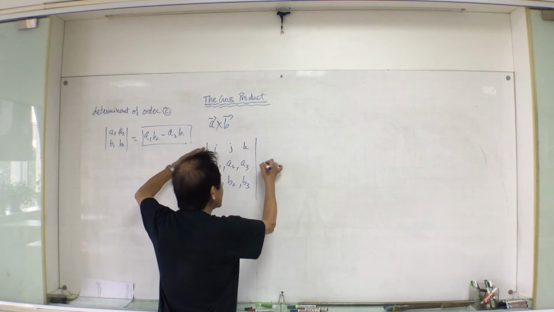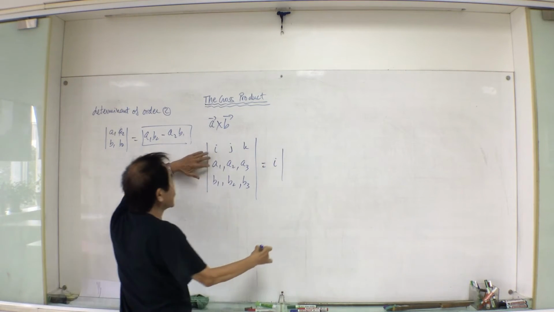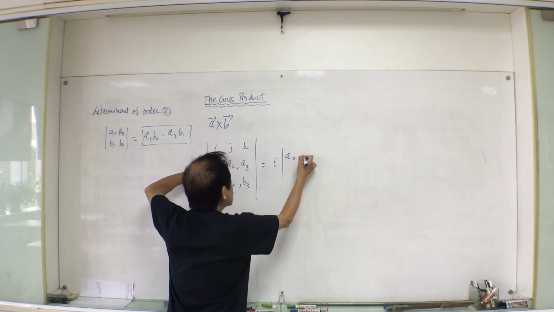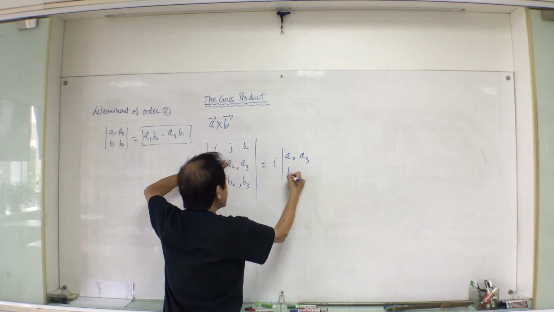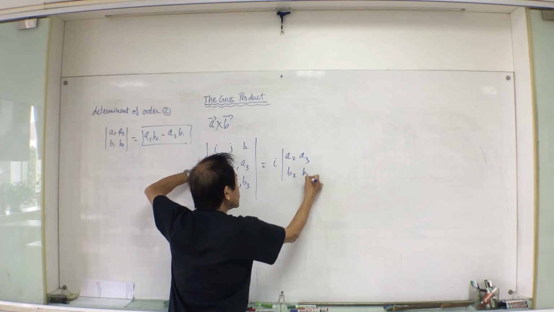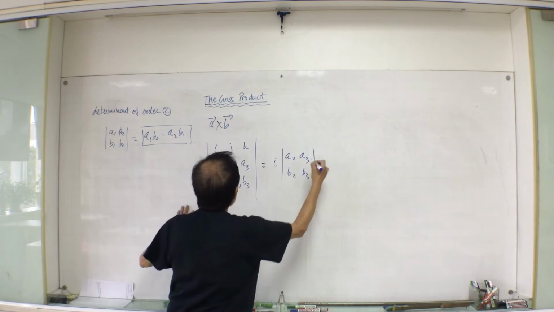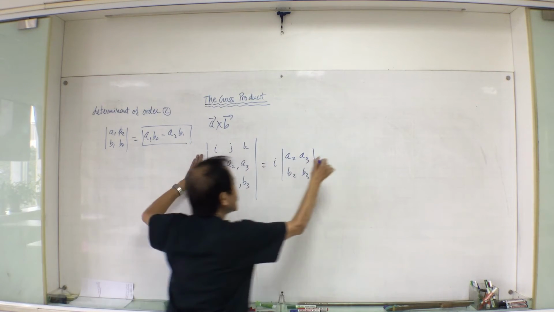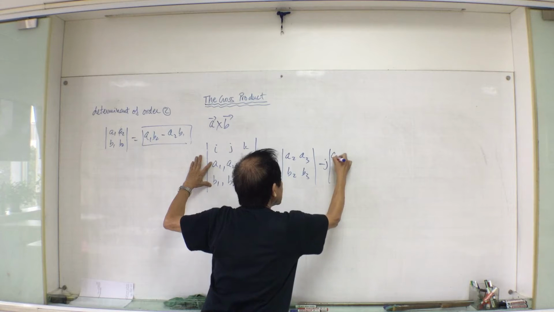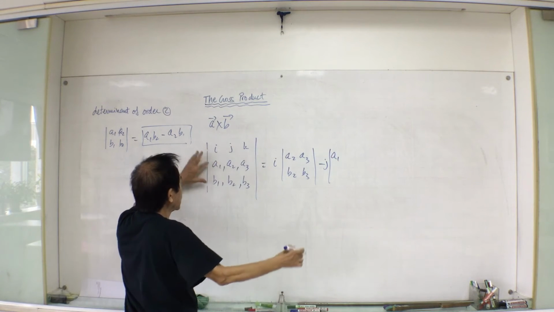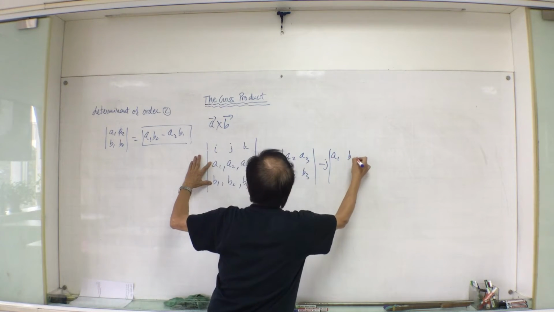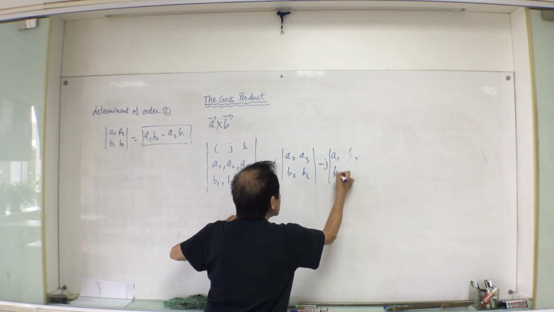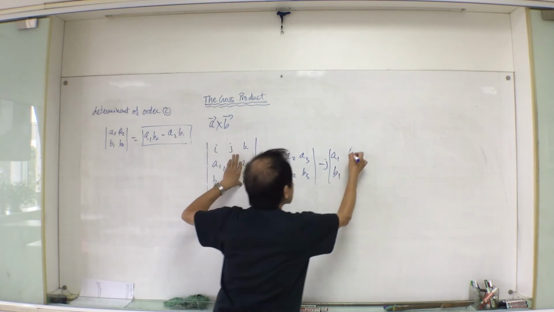Again I start with i first, and I clean up its row and column and have A2, A3, B2, B3. Then minus j: I clean up its row and column, and I get A1, B1 and A3, B3.